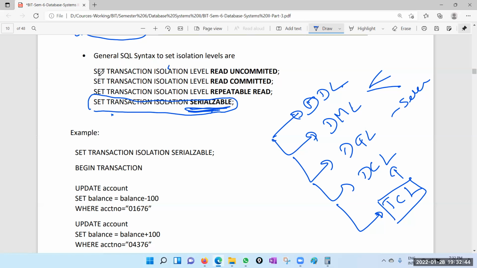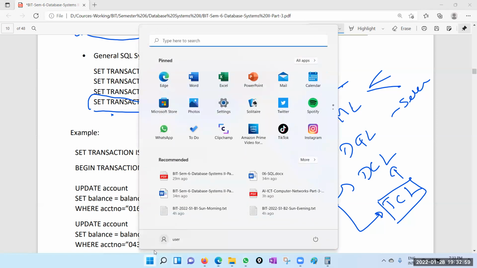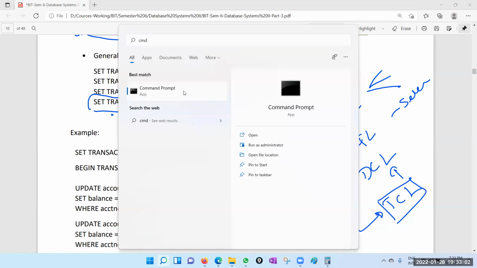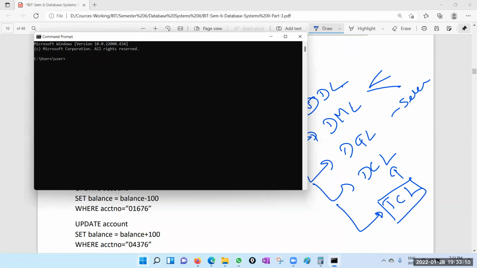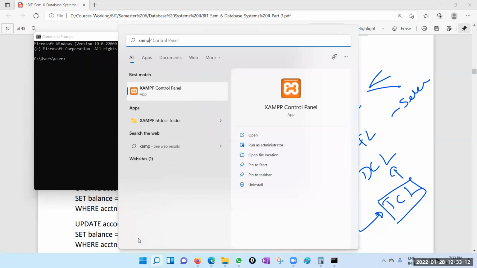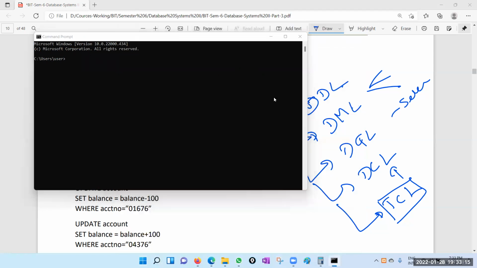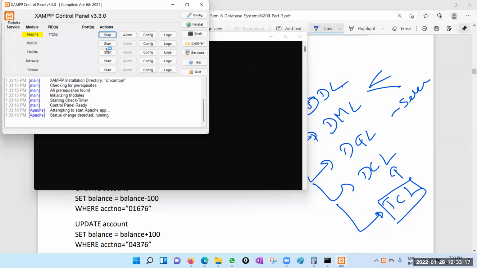So this is how you set it: set transaction isolation level, read uncommitted, read committed, repeatable read, serializable, etc. I don't know whether MySQL has a different syntax, because I have not tried out transaction handling in MySQL. Let's see. Maybe slightly different syntax, because sometimes databases use a little bit different symbols.